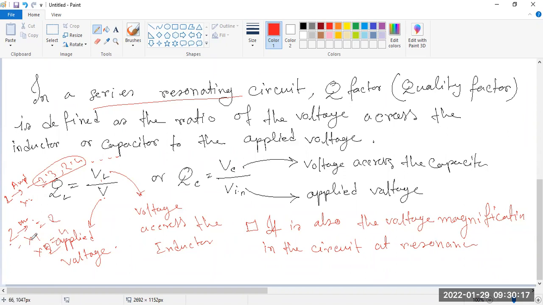Or say 1.1, then 2 will give you 2.2, then it will be 4.4. So it has a regular pattern, a particular multiplying factor, and then it is called magnification.